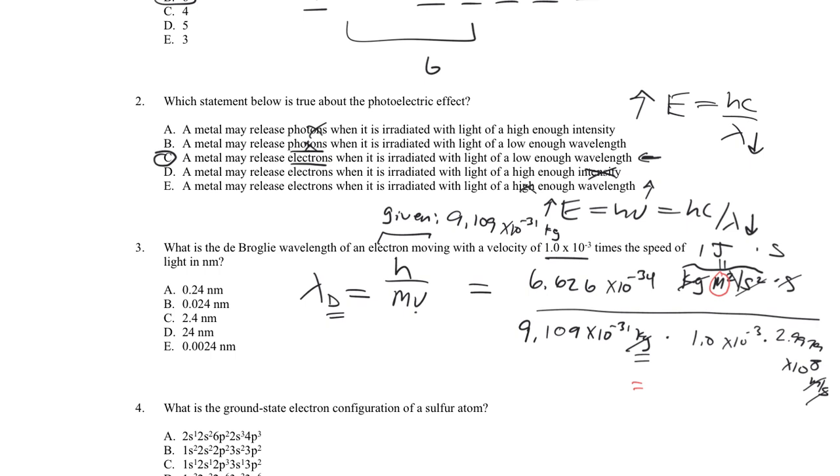So I get 2.43 times 10 to the minus 9 meters. And then 1 meter has 10 to the plus 9 nanometers. So I'm multiplying that by 10 to the 9. Just a little bit more clearly. And so that should equal, I think it should be 2.43, but let me do the math just in case.